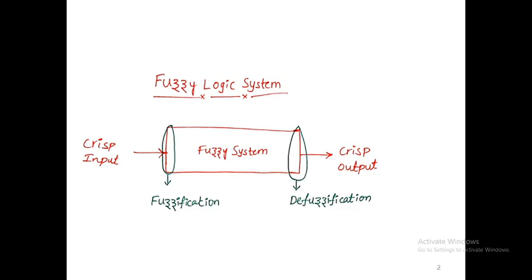So we were given some height indicators. As we were given 5.3 as a height, that 5.3 comes under medium height. So that medium height will come as a crisp output.